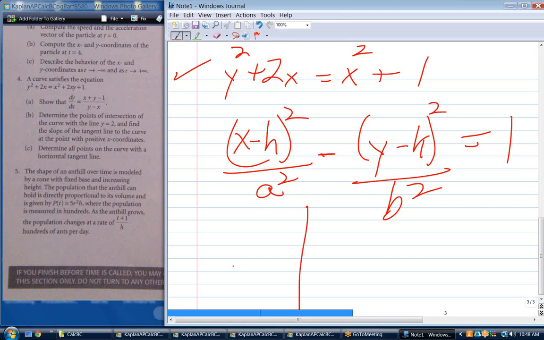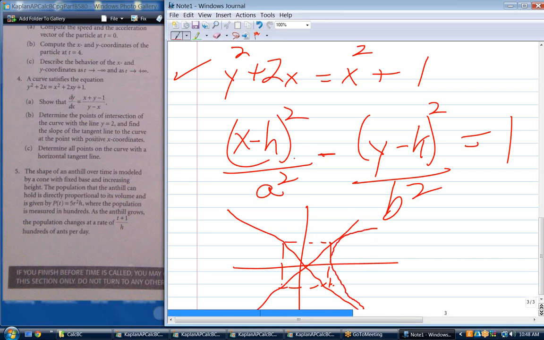Remember, to graph a conic section, you need an imaginary box to start with. That comes from A and B. The diagonals to that box are your asymptotes, and your hyperbola is asymptotic, not to the box, but to these diagonals.